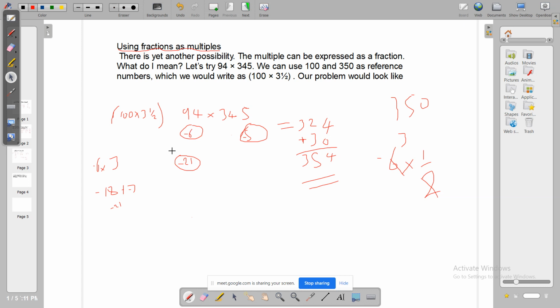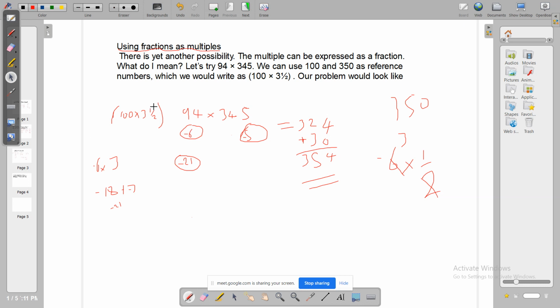So when you wrote 6 times 3 and under it you wrote minus 18, yes, it says minus 6 times 3 is minus 18.